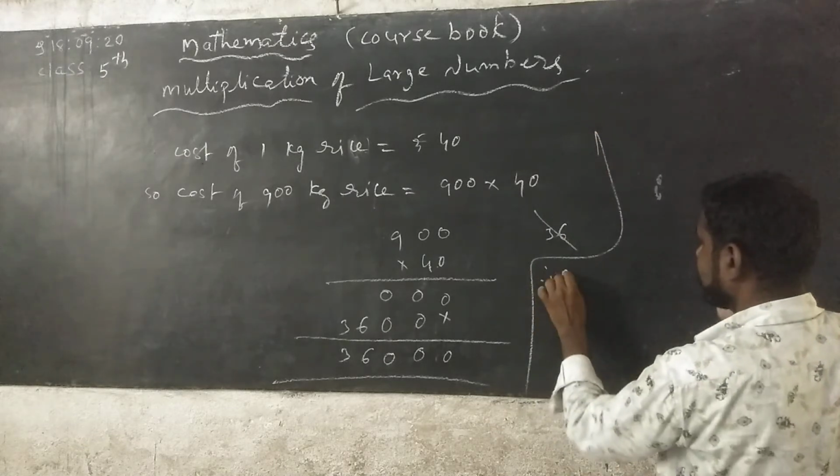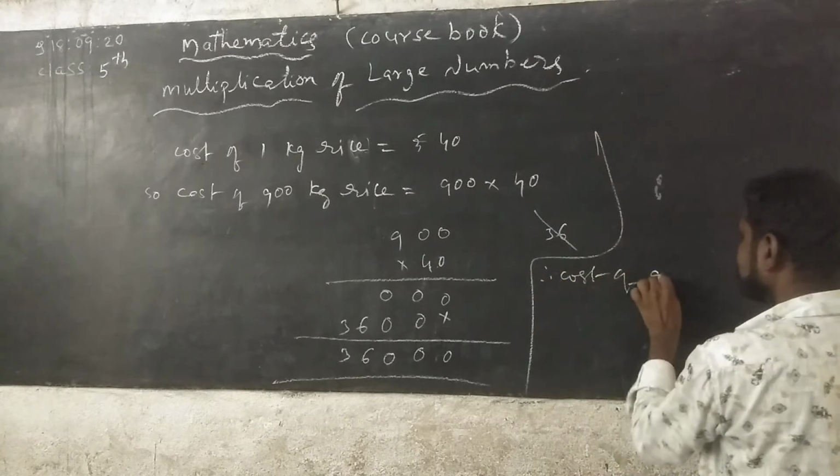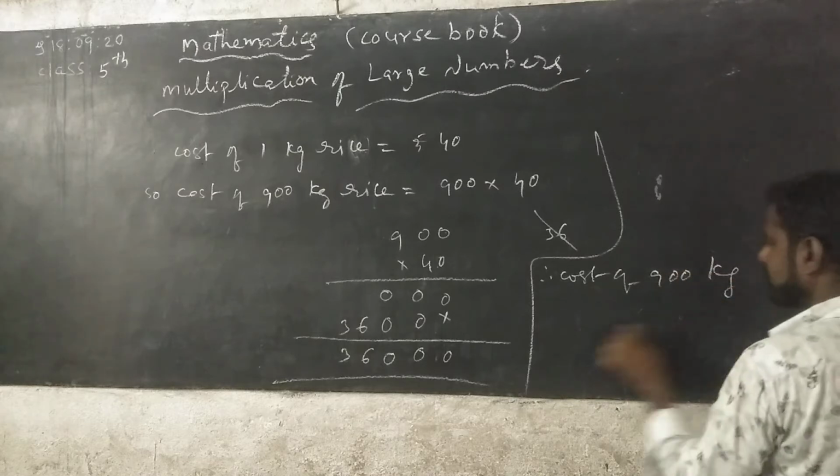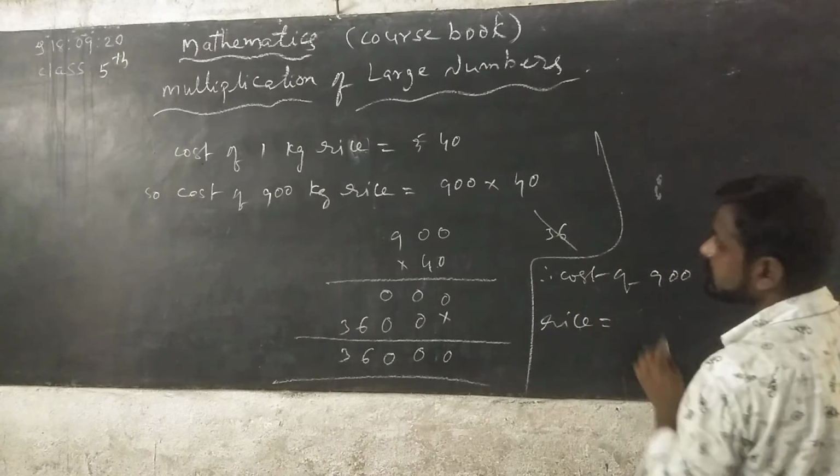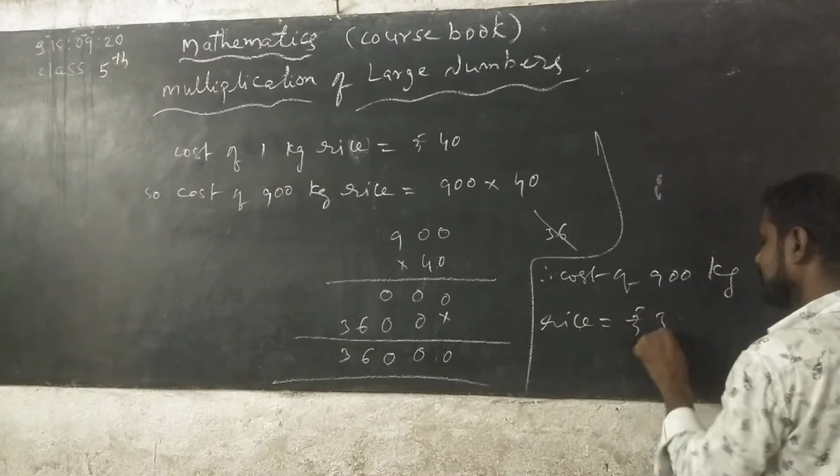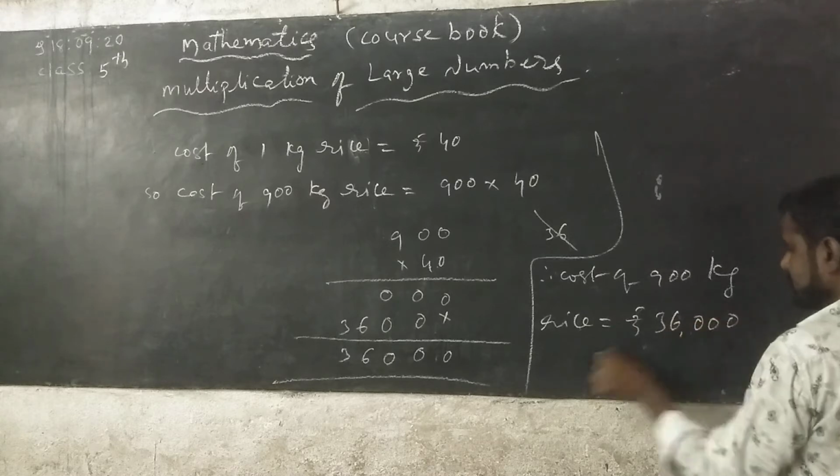Therefore, cost of 900 kg rice is equal to 36,000 rupees.